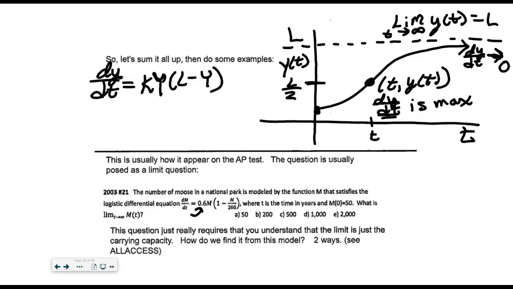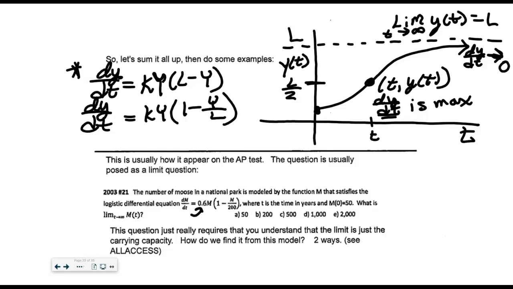Go ahead and write that. Sometimes you see it like that. Sometimes you see it, that's the main one. So go ahead and star that guy. Sometimes you'll see it as k y times 1 minus y over L.